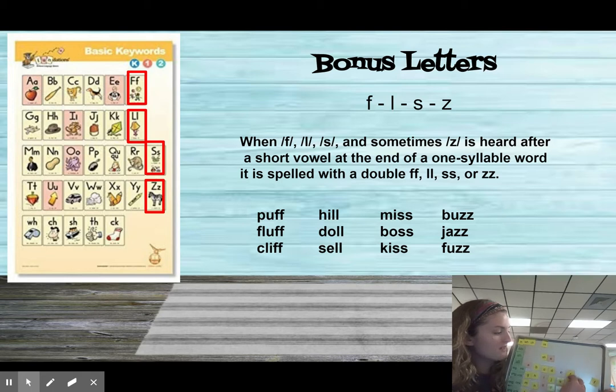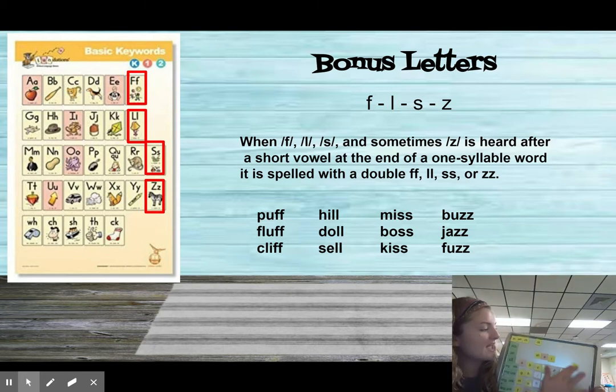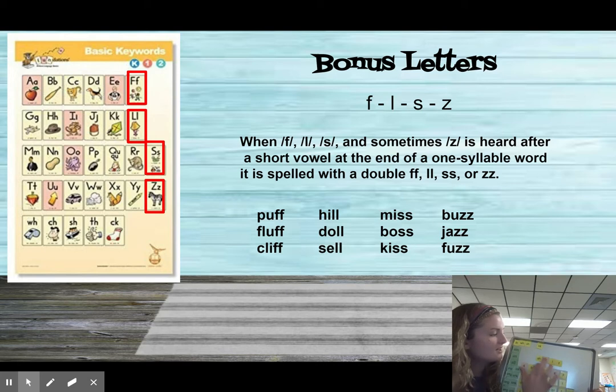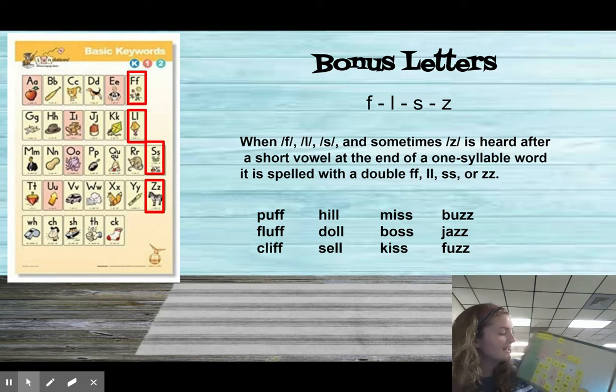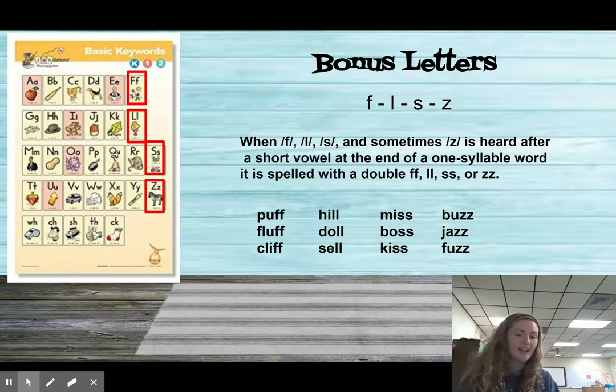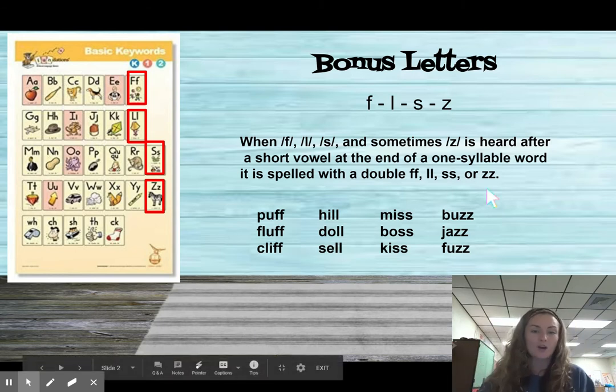If it's part of a blend, like lf, it will not get a bonus letter at the end.